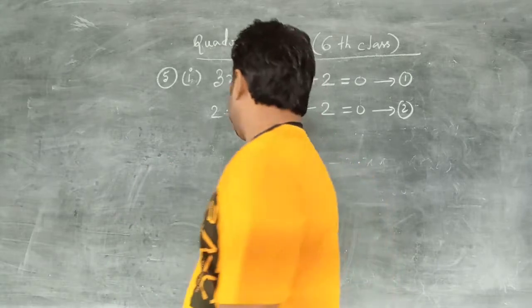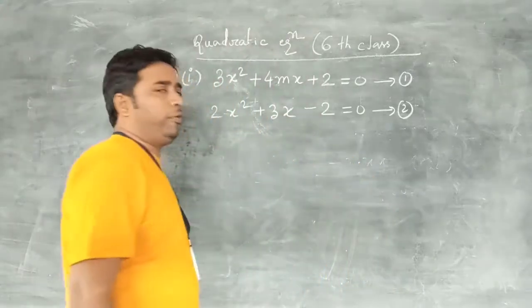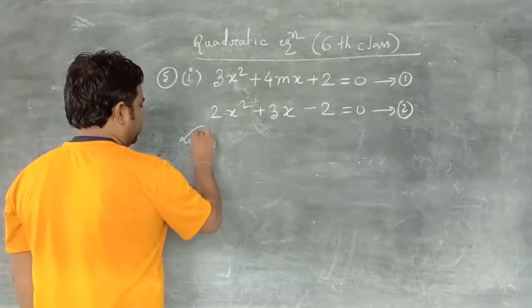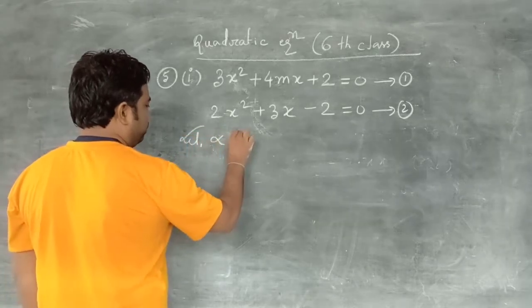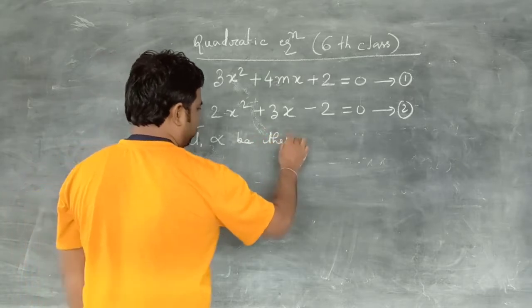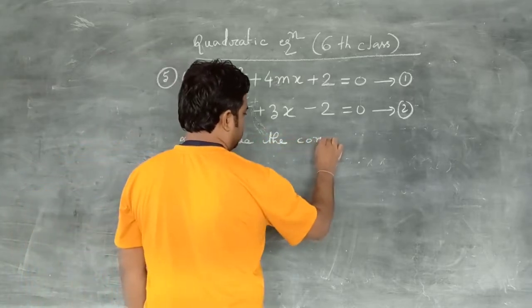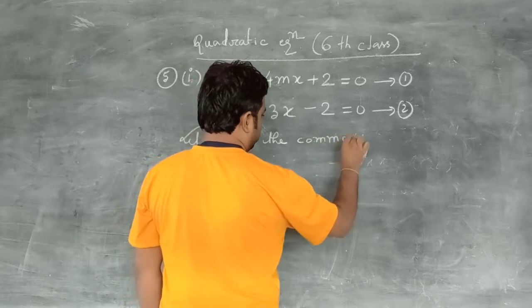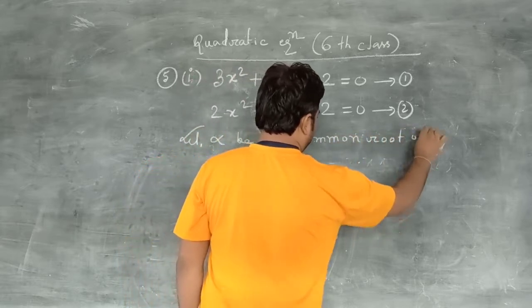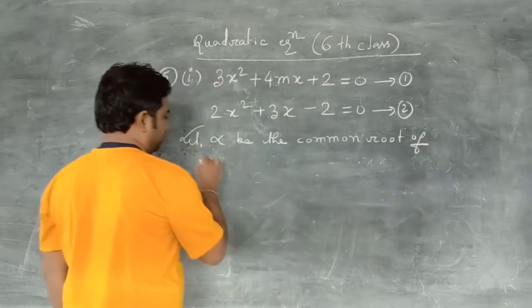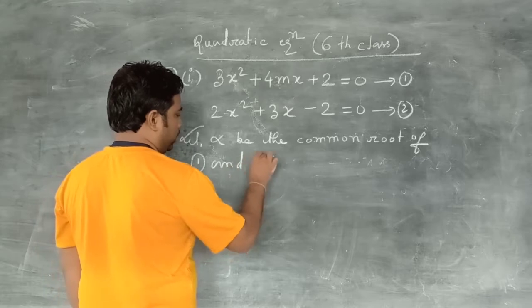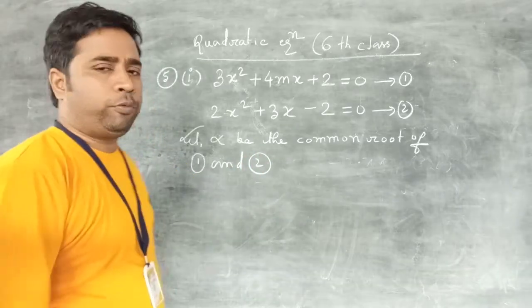So let us consider that alpha is the common root of equations 1 and 2. Let alpha be the common root of 1 and 2.